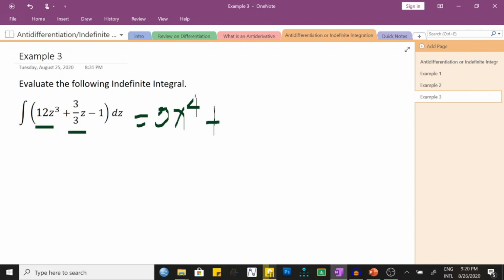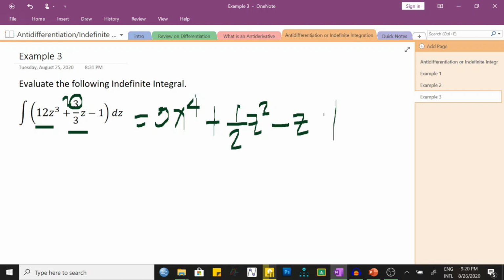An antiderivative for, what is that, 3 over 3? I think this should be 2/3. Let us change that to 2/3. An antiderivative for 2/3 z is 1/3 z squared, minus an antiderivative for 1, which is z.